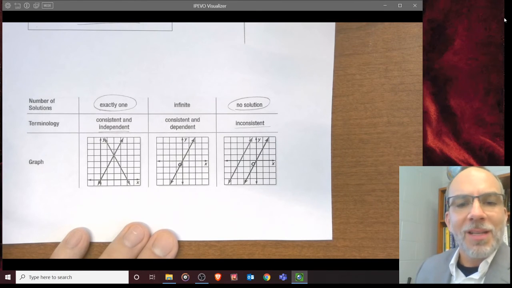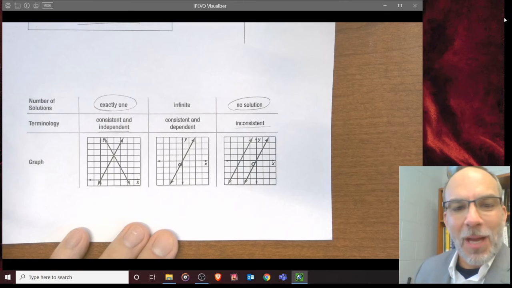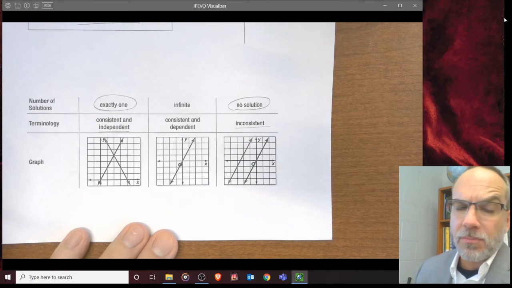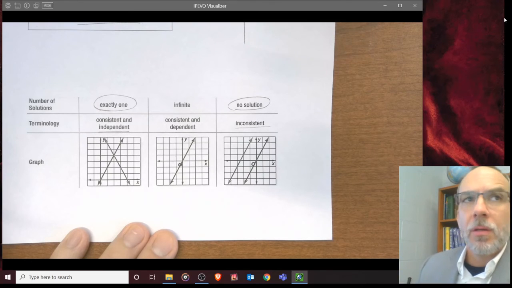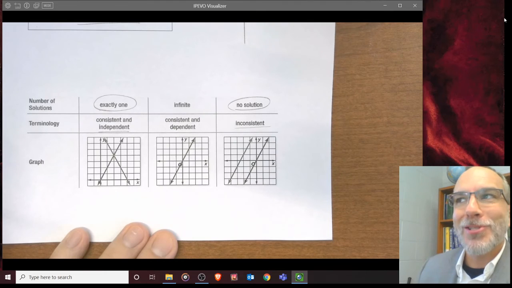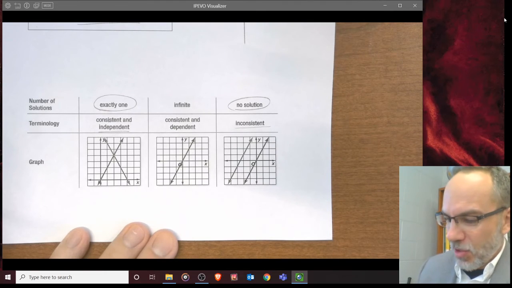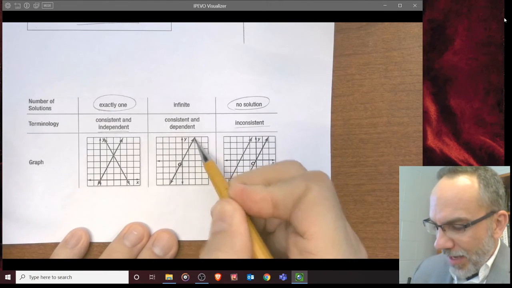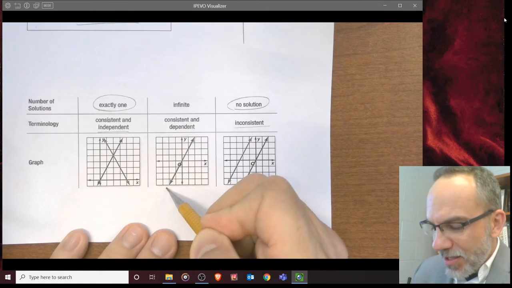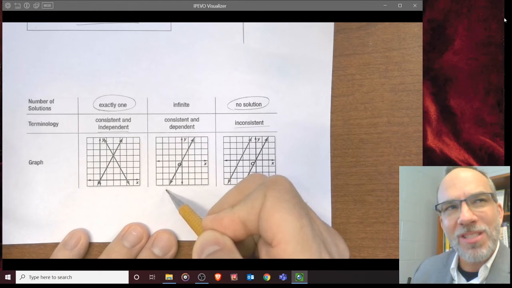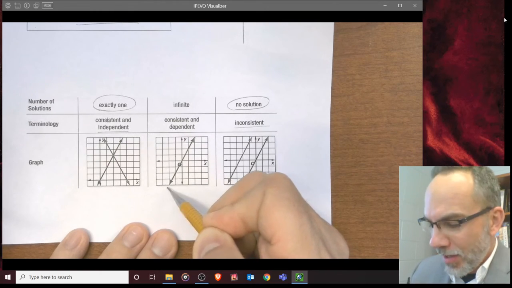Now, the one in the middle is interesting. How many lines do you see there? You're probably reasonable if you say one, but actually there's two. Or maybe even three, but in this case, we'll just call it two. There are two lines that are exactly the same thing. So it's a line, and then it's another line that's a different equation, but when it simplifies, it's the same line, okay?